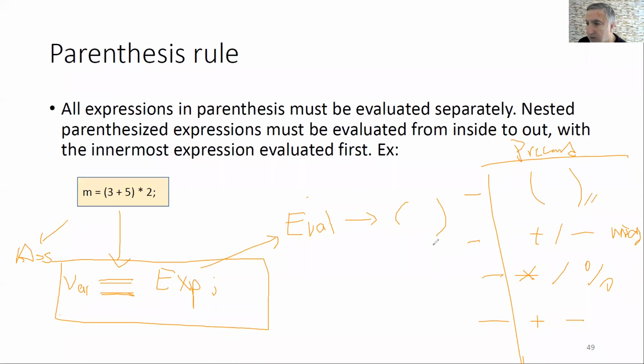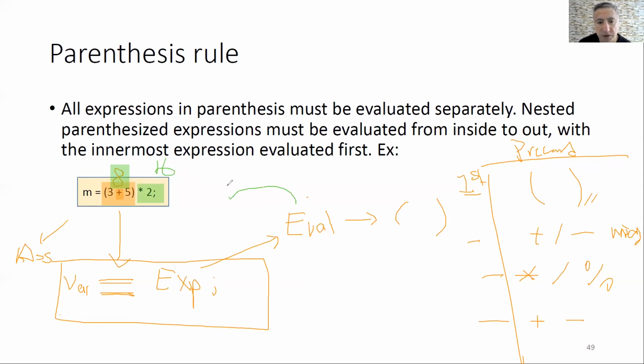So the others didn't understand that the parenthesis is the first order. We need to begin with the parentheses first. In the parentheses, we have only a single operator, the addition. So I will find the result. 3 plus 5 is 8. Now I can continue with the rest, which is 8 times 2, and the result will be 16.